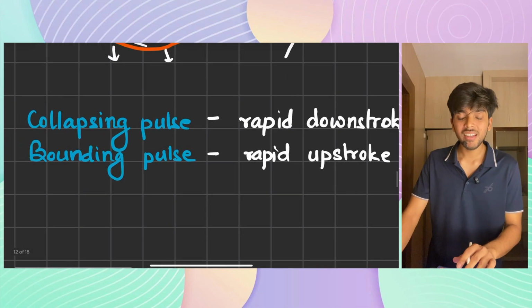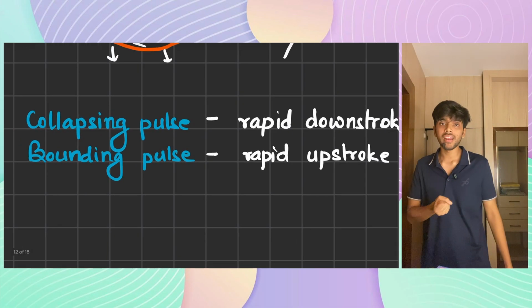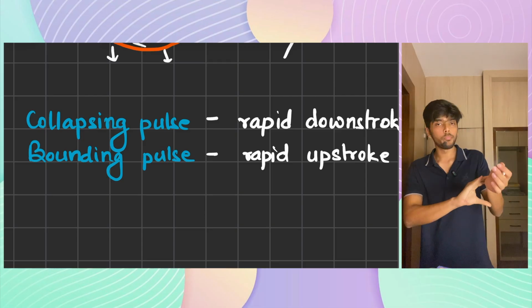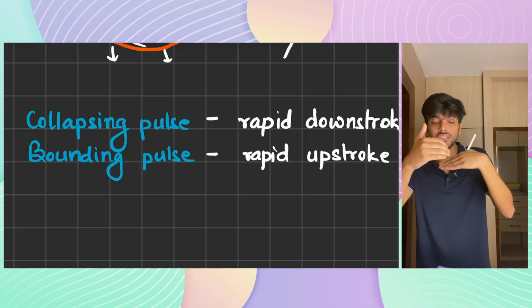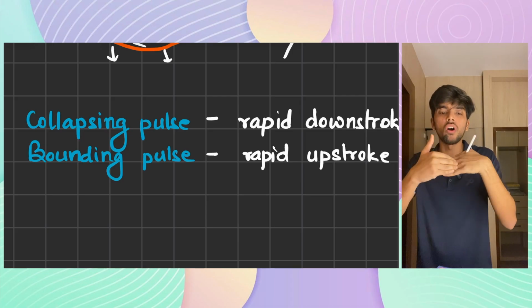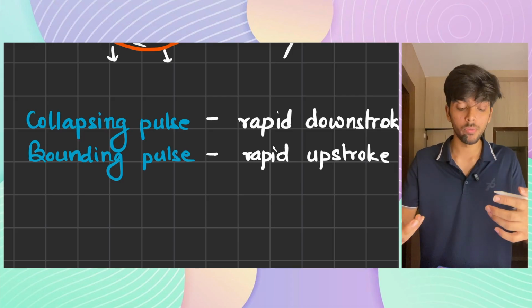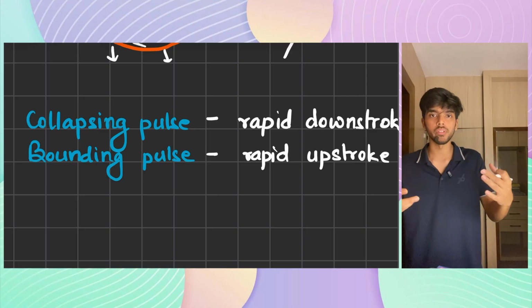Since there is a rapid upstroke due to strong contraction of the left ventricle, the pulse is quite strong and hits against the tip of your finger like a thud of a hammer. That's why it's called bounding pulse, a strong striking pulse.